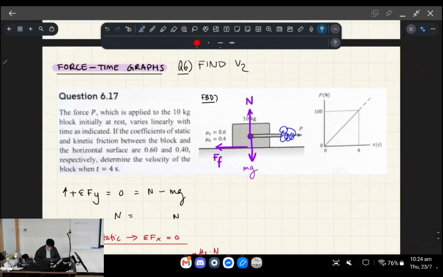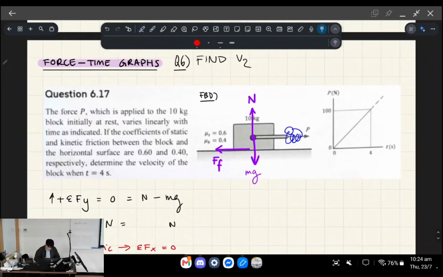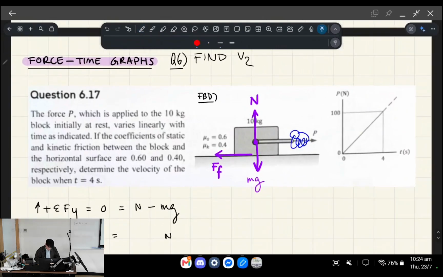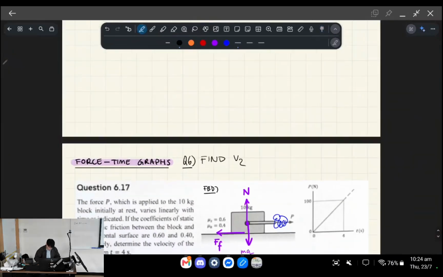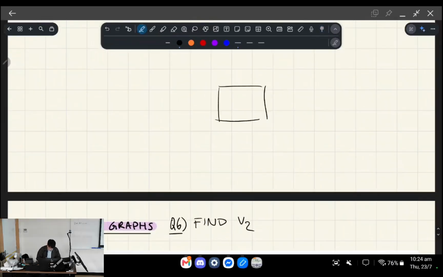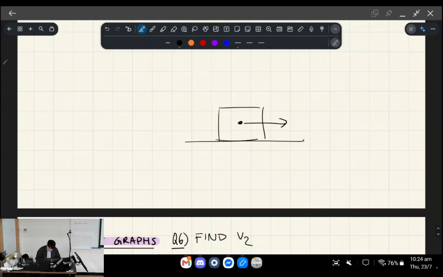Okay, the other thing you have to realize about this question is the system. So if you've got a block on a surface, and it's being pulled with P, and let's just say that it's moving. We haven't checked that yet, but let's just say it's moving.